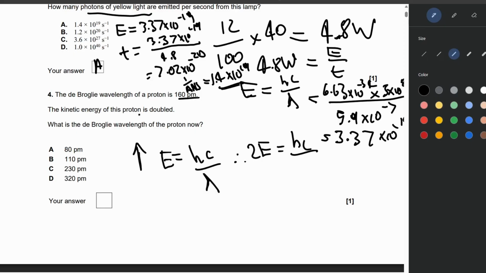That means this has to halve, because it's being divided. Yeah, because if this is getting bigger, then you want this side to get bigger as well. The only way for this side to get bigger is if you divide it by a larger number. So actually it will be 2.